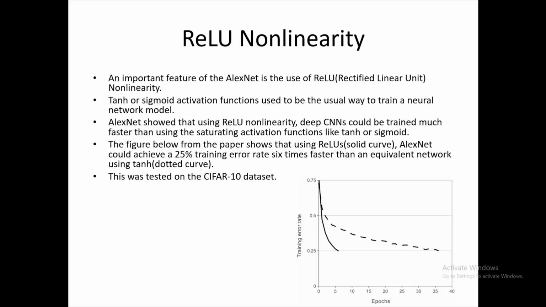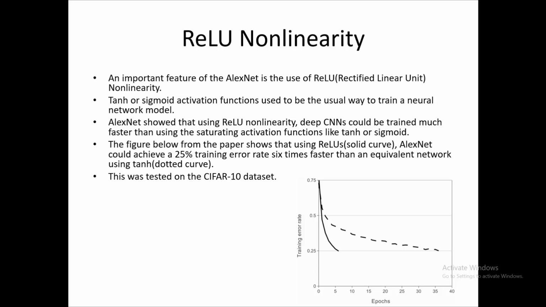Here we can see from the figure that using ReLU, AlexNet could achieve a 25% error rate 6 times faster than the equivalent network using tanh.